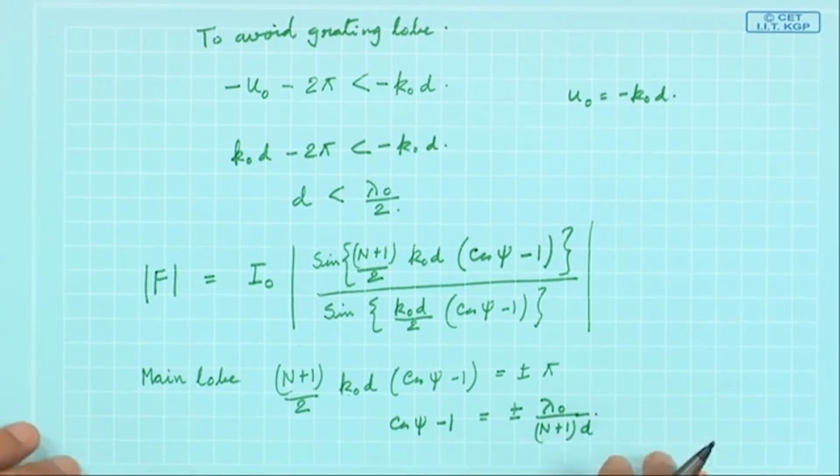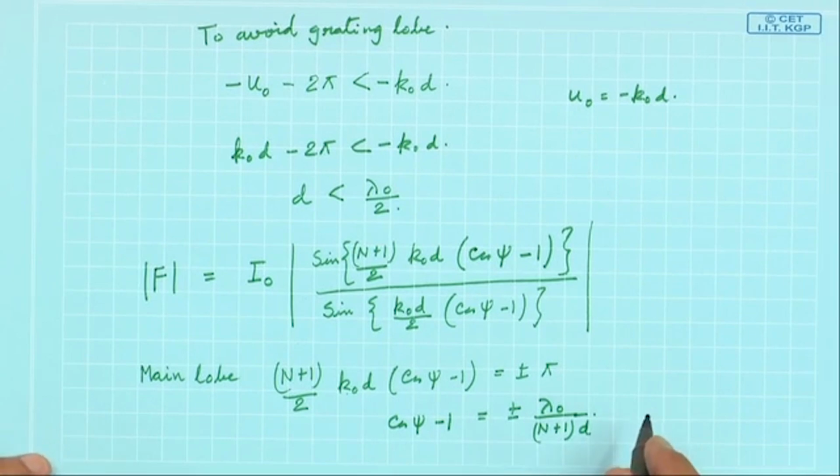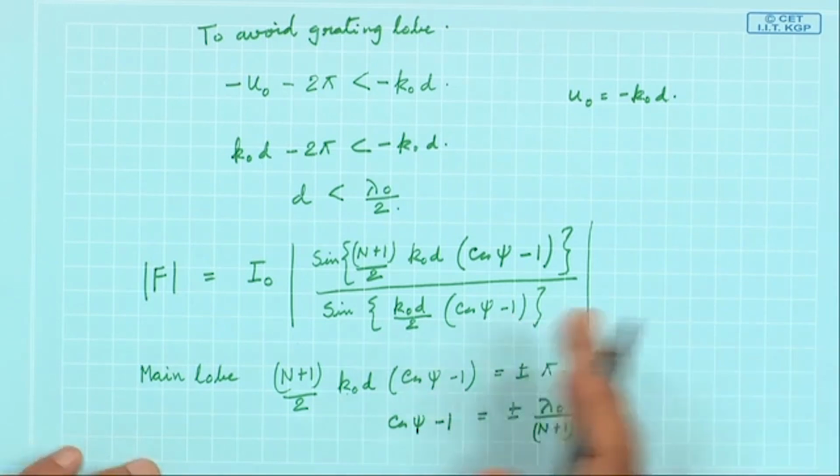Now, you see for large n, this right hand side is quite a small number. So, that means cos psi, that value is 1 plus minus something.